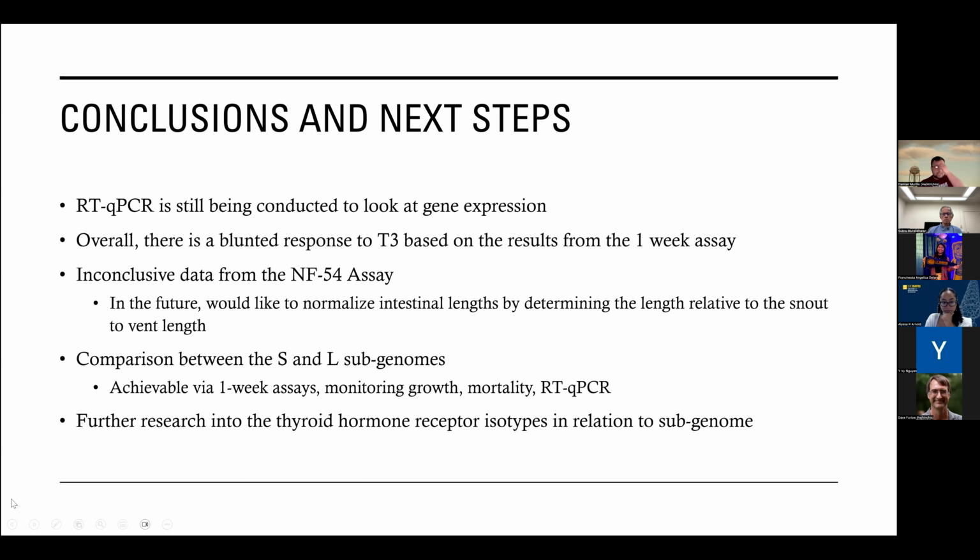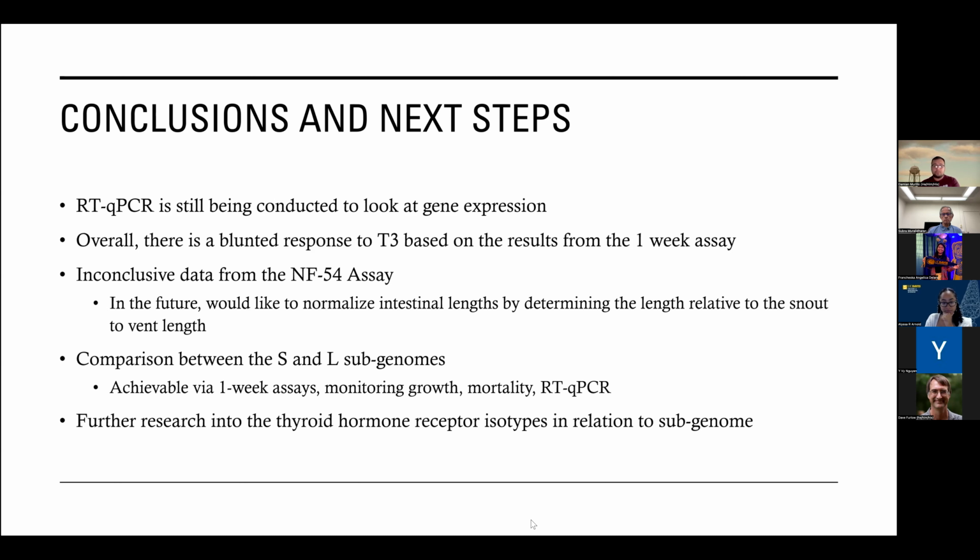And next steps, I would like to compare the S and the L subgenomes. So there's slight differences in the sequence for thyroid hormone receptor beta between the S and the L subgenomes. And there hasn't been a lot of research done on that, mainly because it's really, really hard to get those isotype specific changes. It's just very difficult and it's impractical right now.